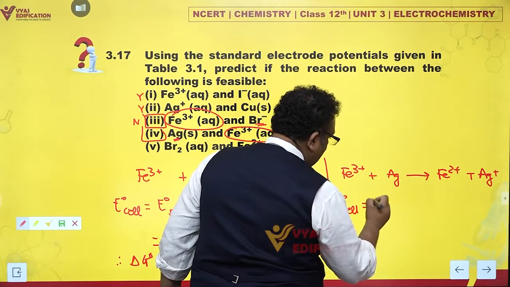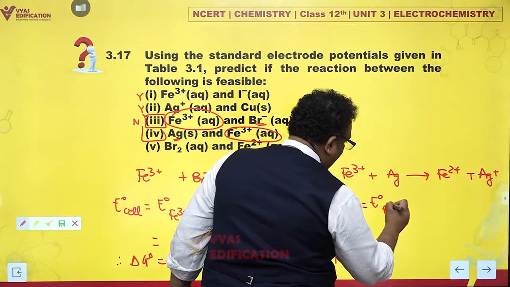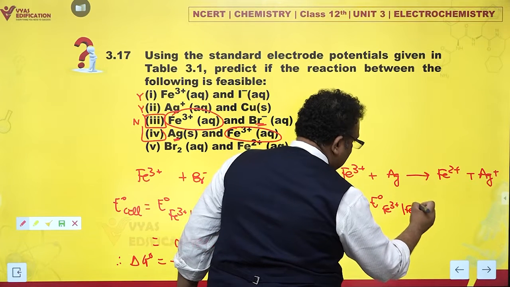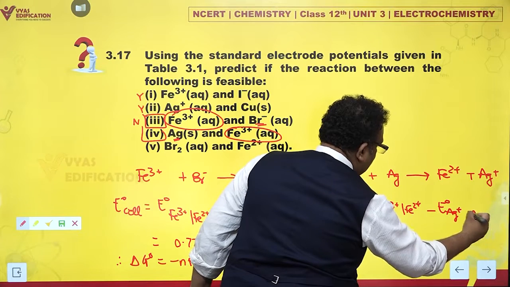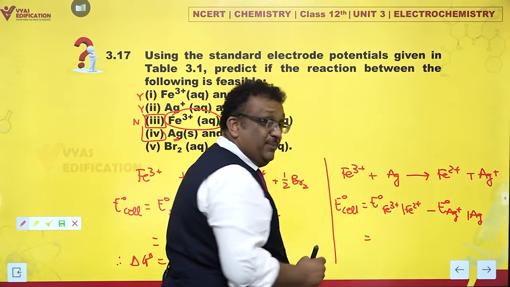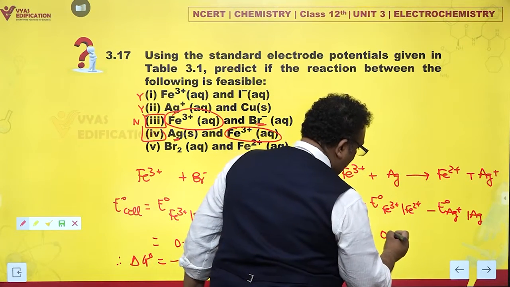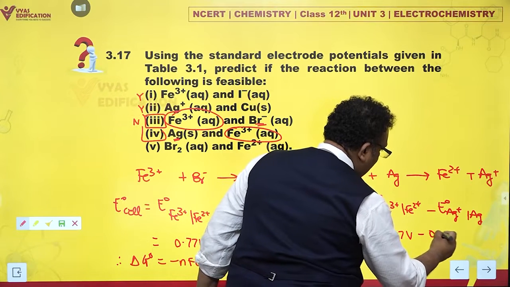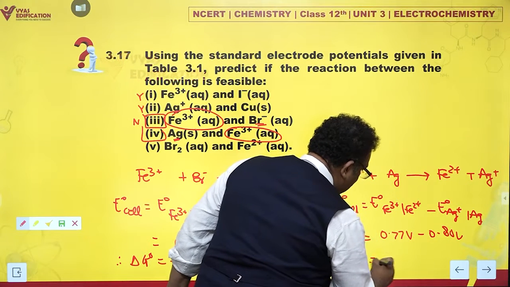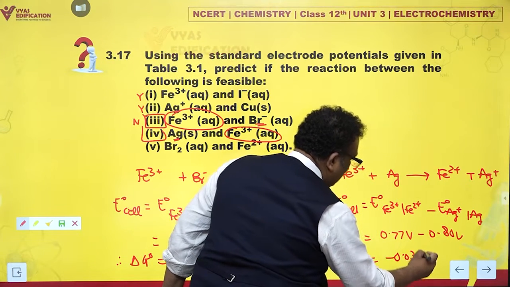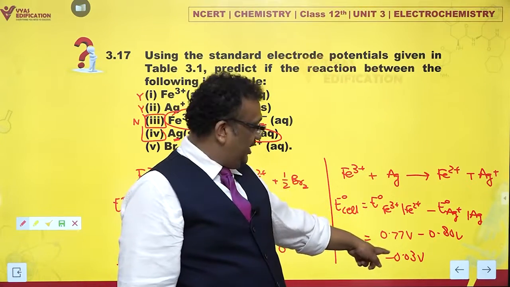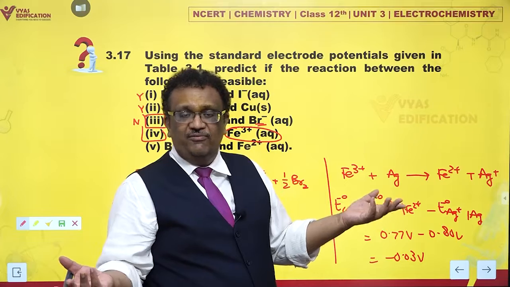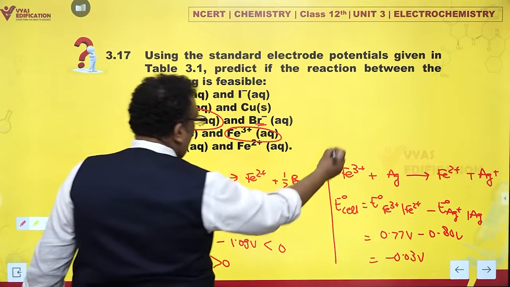E0 cell is E0 of ferric ions to ferrous minus E0 of Ag plus to Ag. If I look at table 3.1 and discover the values, this is 0.77 volts minus 0.80 volts, which is minus 0.03 volts. Small, but nonetheless negative. It is negative. That means it's not feasible. No, it's a no.